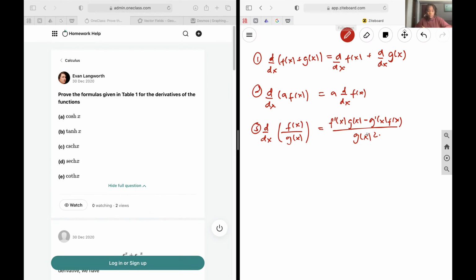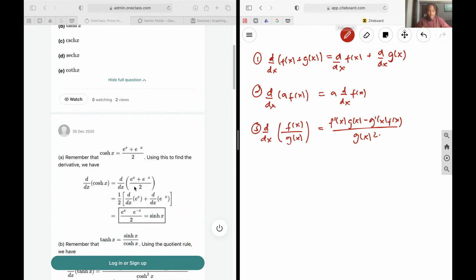And so for our first one, we're going to look at what it actually is. So cosh x is equal to e to the power of x plus e to the power of negative x, all over 2.